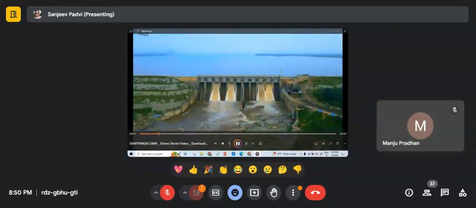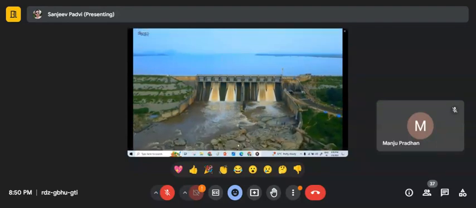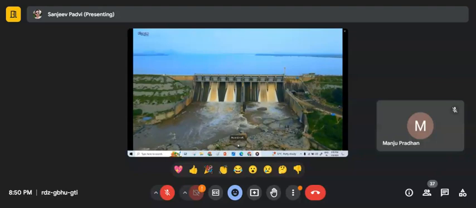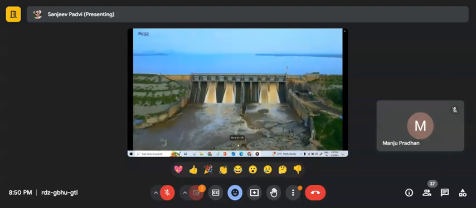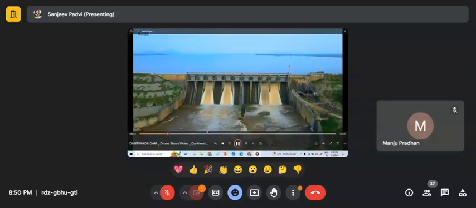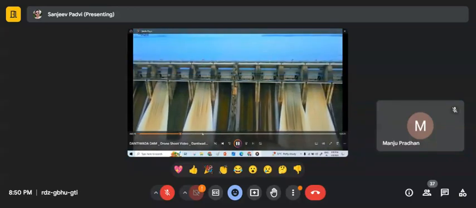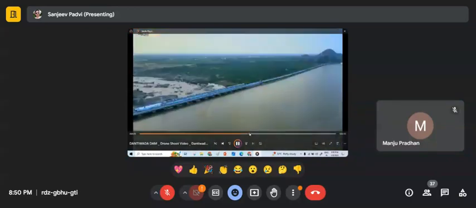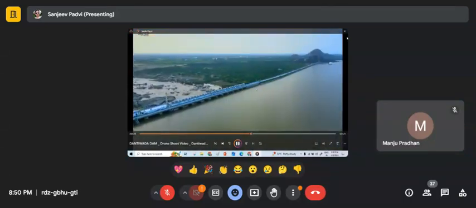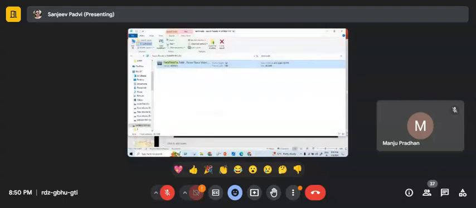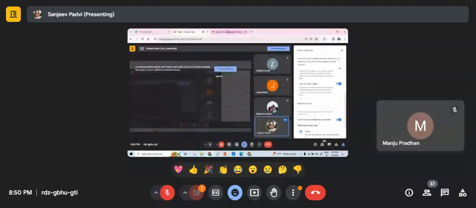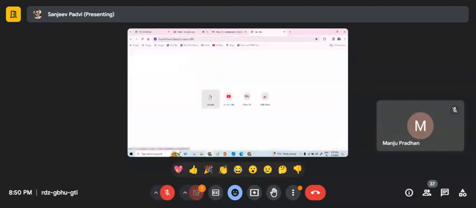This is the river Banas, and you can see here the water is released from this dam. Okay, I will show you another very interesting footage, and you will be happy to see that. Okay, see what I am doing now.